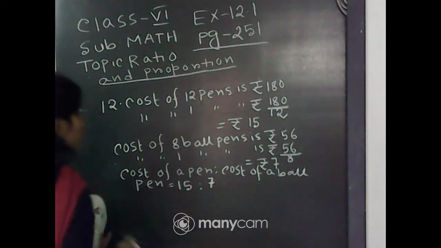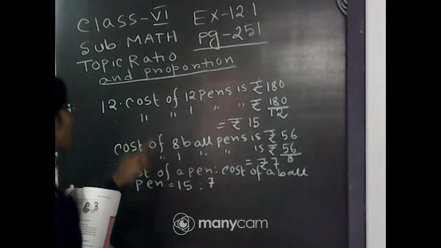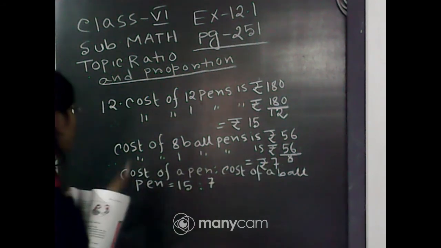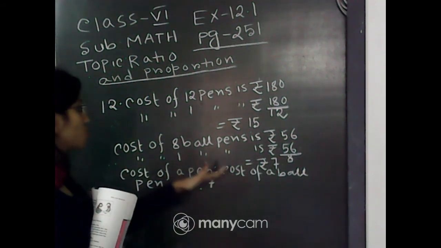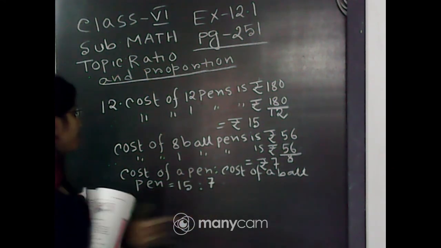Since cost of a pen is rupees 15 and cost of one ball pen is rupees 7, therefore, cost of a pen is to cost of a ball pen is 15 is to 7.